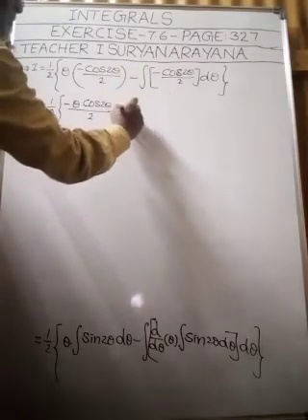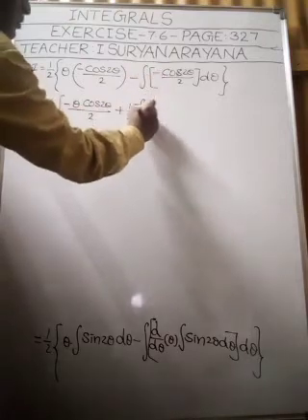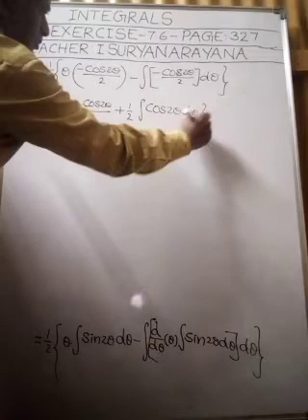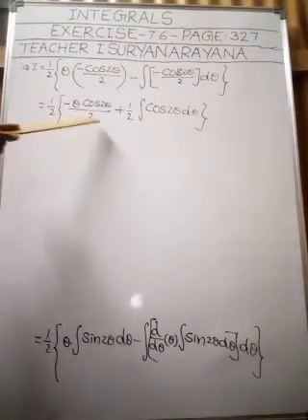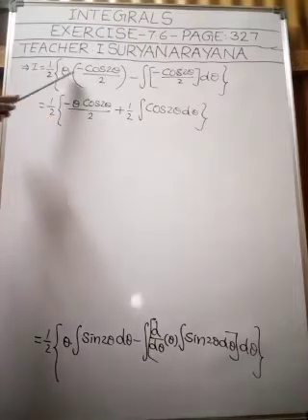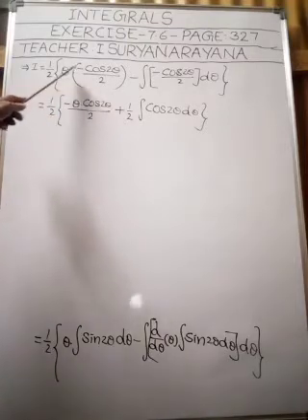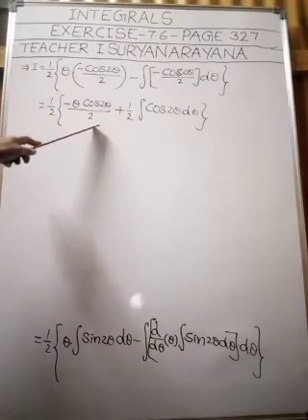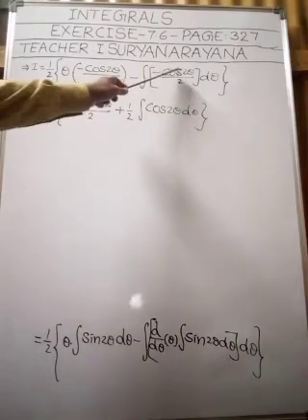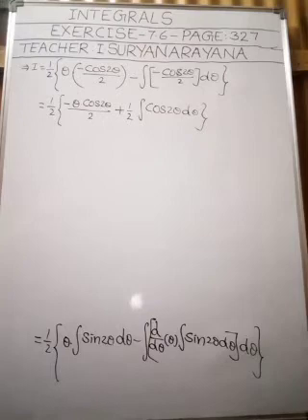Plus 1 by 2 integral cos 2 theta d theta. Understood this step, my children? I wrote 1 by 2 as it is. I simplified this term, so minus theta into cos 2 theta by 2, minus of minus, we get plus integral cos 2 theta d theta. Understood, my dear children? Right.